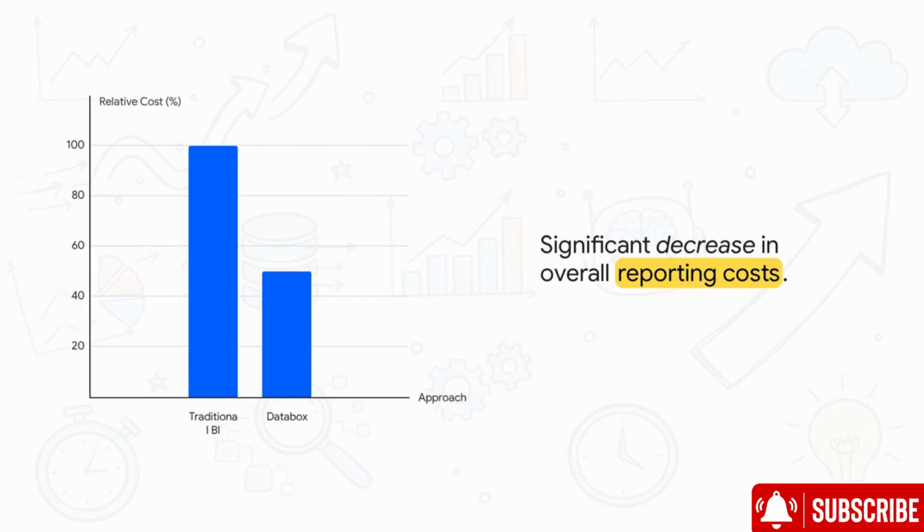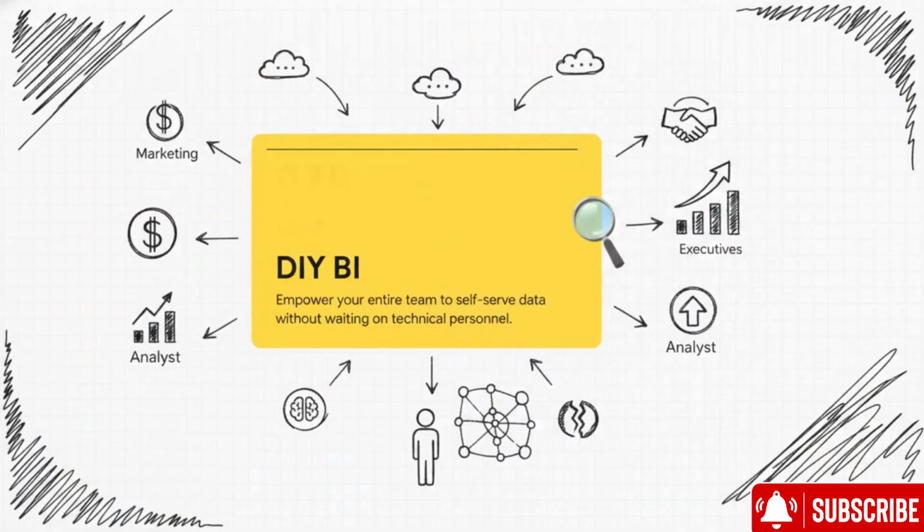And time is money for sure. By eliminating the need for all that extensive data engineering overhead, those extra per-seat BI licenses, and endless hours of manual report maintenance, businesses are seeing a massive 50% decrease in overall reporting costs. You're taking reporting from a slow-moving, expensive cost center and turning it into a lightning-fast self-serve asset. Databox actually calls this DIY BI, and it is a complete culture shift.